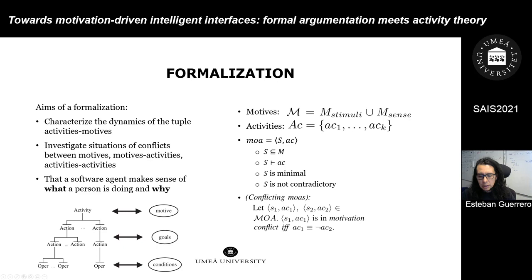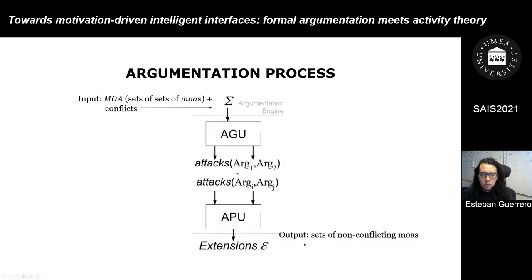With that formalization, we use an argumentation engine, a process that takes as input MOAs and conflicts and provides as output a set of non-conflicting MOAs. It's a well-understood process, and we integrate it literally in the user interface.